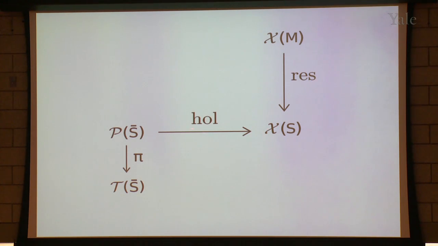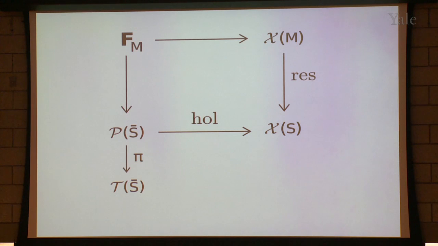In studying the skinning map, we're interested in cases in which the holonomy of a projective structure is equal to the restriction of a hyperbolic structure on M. So that's effectively studying what you could call the inverse limit of this diagram, the fiber product of these two maps. So let me write that definition. Okay, just continue here.